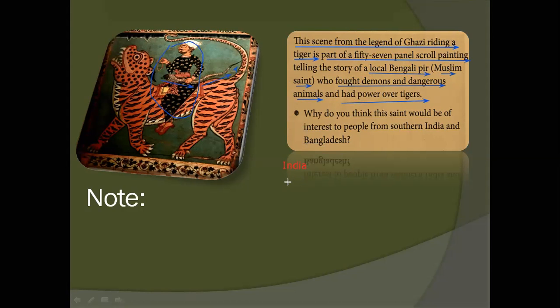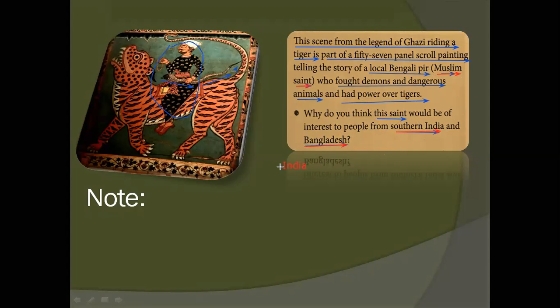Okay. So now a question here. Why do you think this saint would be of interest to people from southern India and Bangladesh? For example, as it says here, he is a Muslim saint, right? But why are they interested in the southern part of India and Bangladesh?